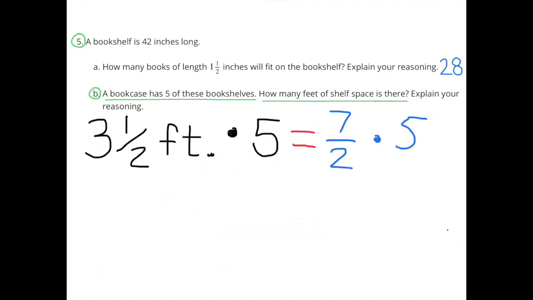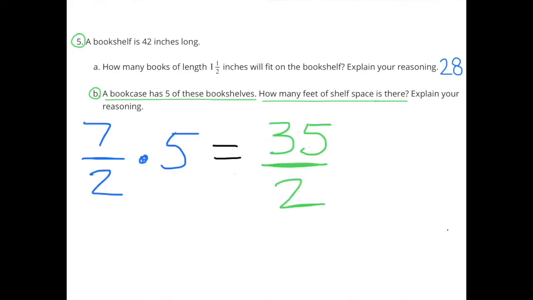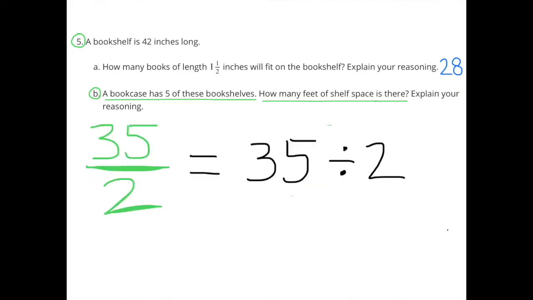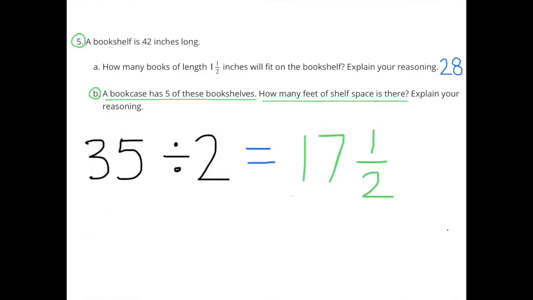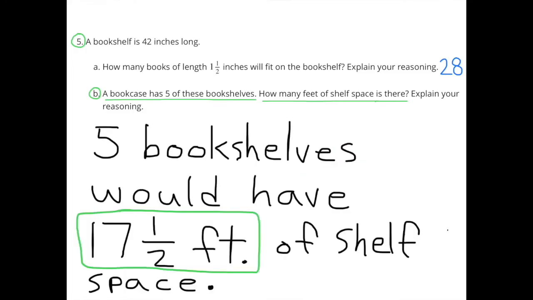Now multiply 3.5 feet times 5. That's the same as multiplying 7 halves times 5. 7 halves times 5 is 35 halves, which is the same as 35 divided by 2. And 35 divided by 2 equals 17.5. 5 bookshelves would have 17.5 feet of shelf space.